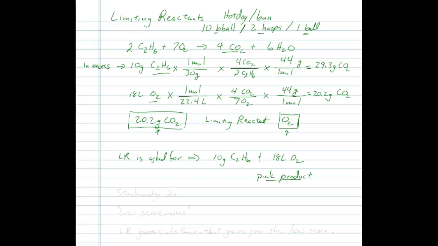So, limiting reactant summary. You do stoichiometry twice. Low score wins.